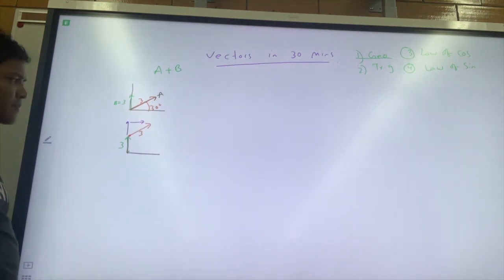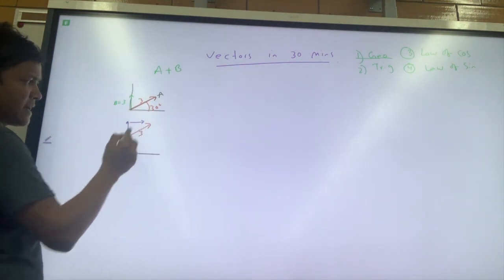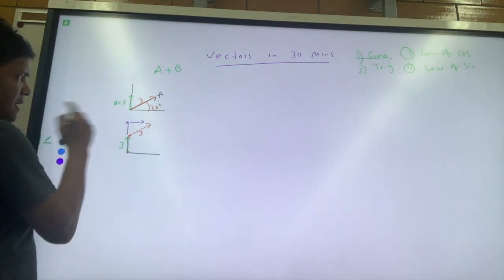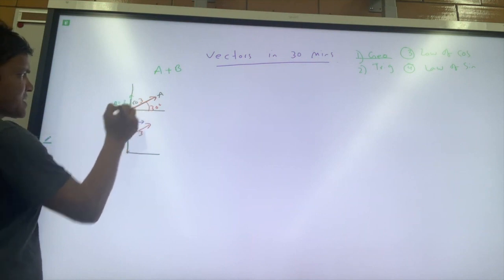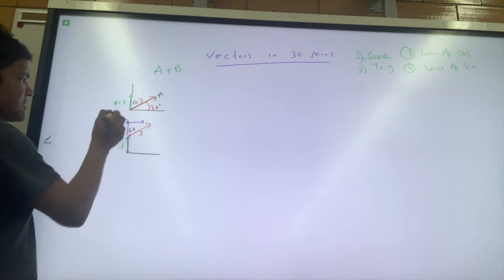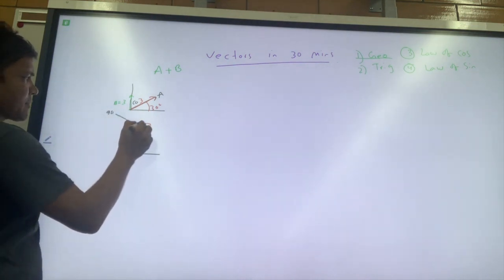This 3 will have two components, y and x. If this is 30, then this must be 60. So this is 60. This is 90, so this must be 30.